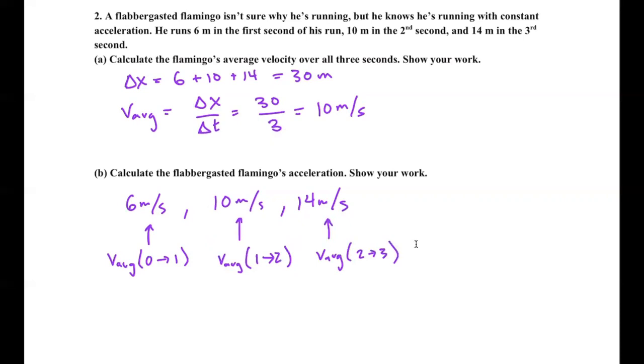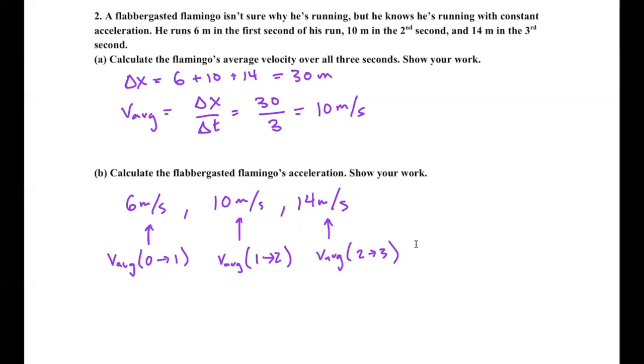So these velocities are the same as the instantaneous velocity halfway through the time interval. If the acceleration is constant, I started at some initial velocity for each time interval, some final velocity for some time interval. The average velocity will be the same as the instantaneous velocity at the midpoint of the time interval.